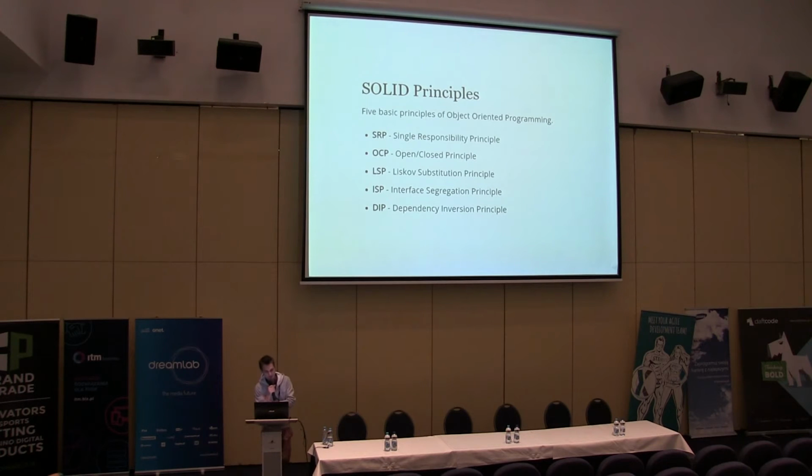SOLID is an acronym for 5 basic principles of object-oriented programming. Those principles were collected in the early 2000s by Robert Martin, also known as Uncle Bob, who's one of the authors of the Agile Manifesto. SOLID is actually an acronym of acronyms, because every principle has its own acronym.